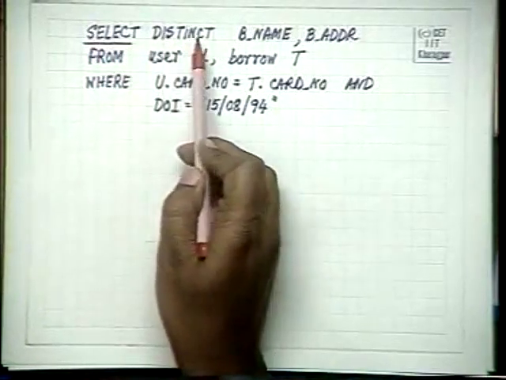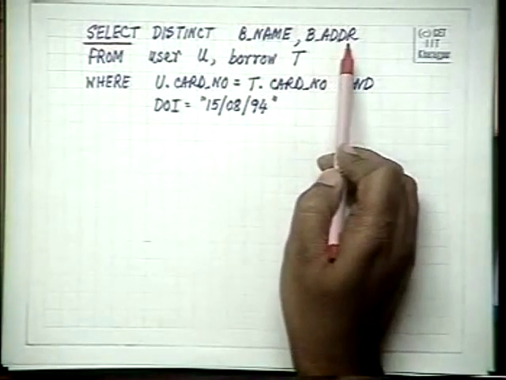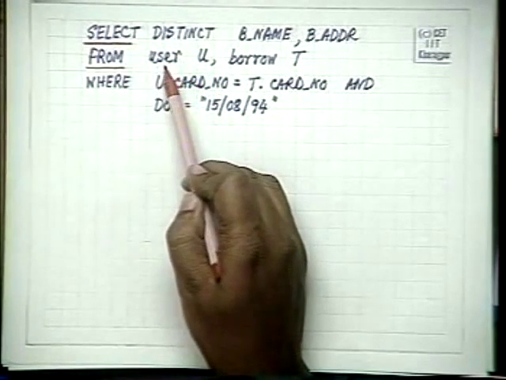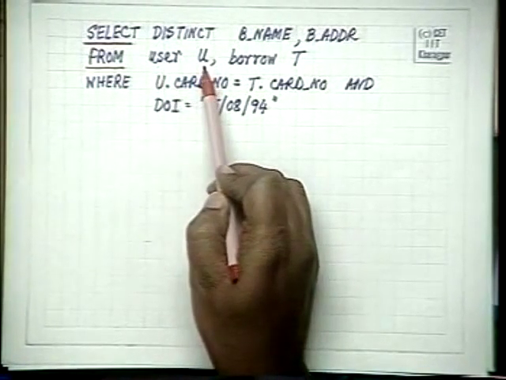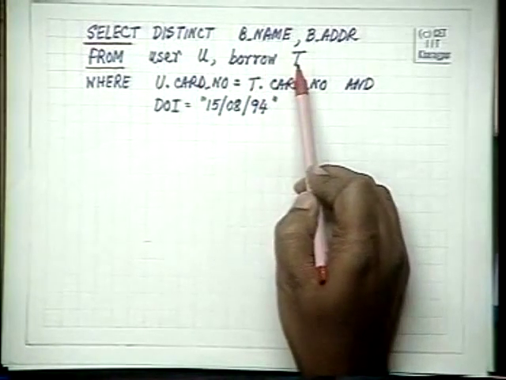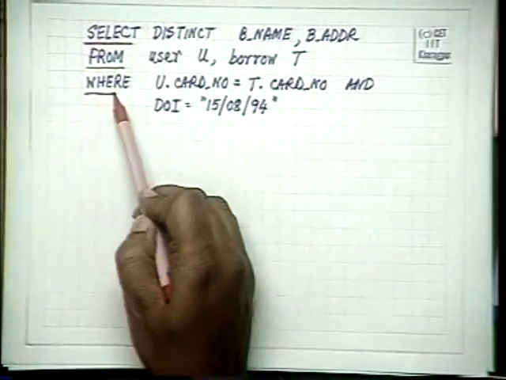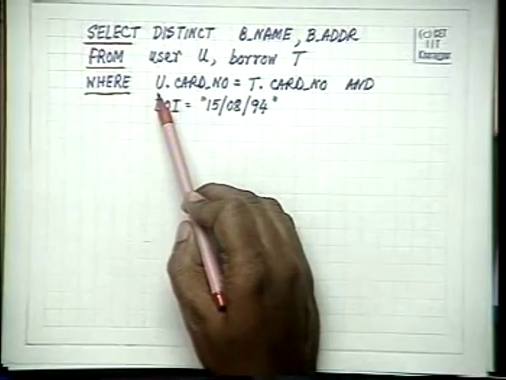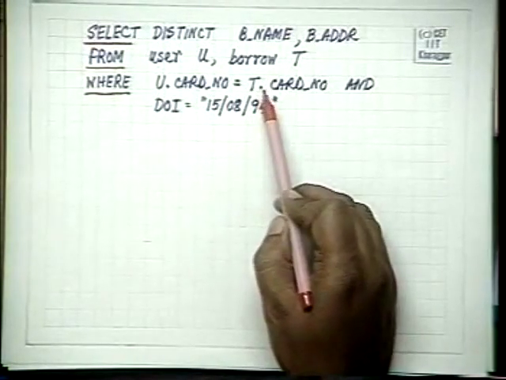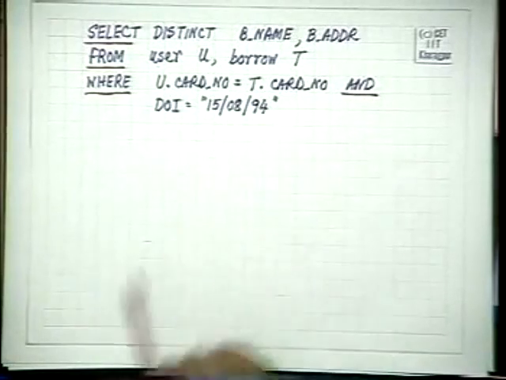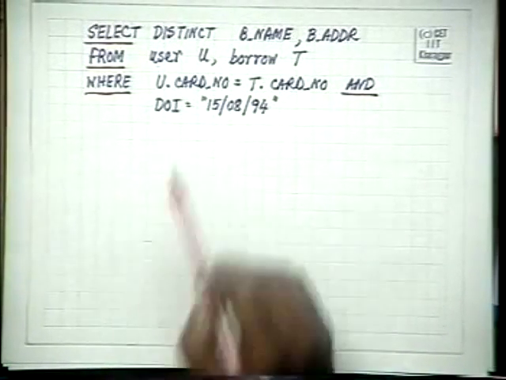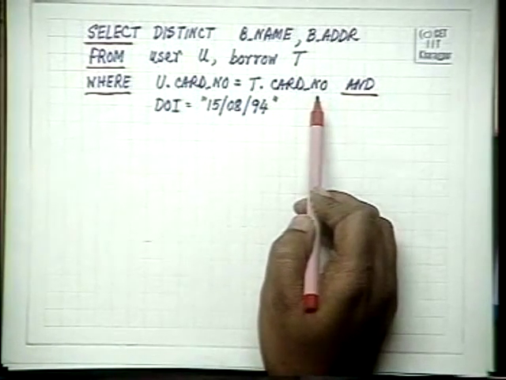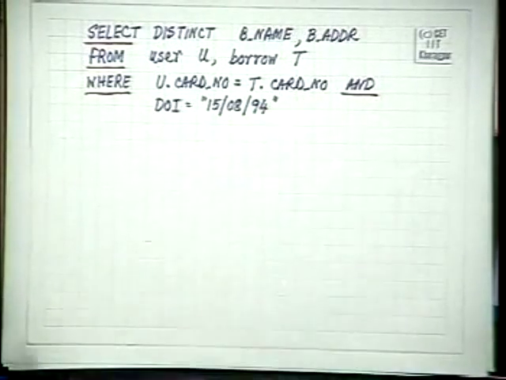Select, I put distinct, anyway you need not, borrower name and address from user u. The name user will now have the variable u, borrow will have the tuple variable t, where, similar to a rename, use of a variable, where u dot card number is equal to t dot card number and date of issue is 15/8/94. So we have just renamed this u and t, and we are using these names now for our query.